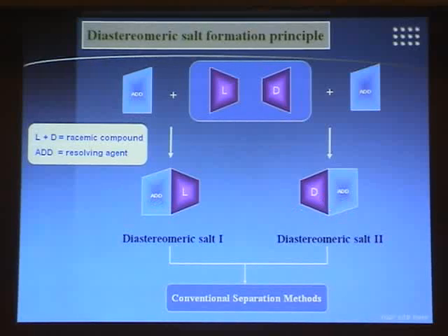Because they have different physical or chemical properties, you can very easily separate the enantiomers by using conventional separation methods such as distillation or extraction.